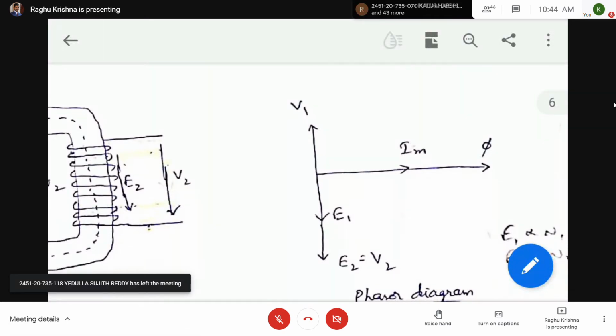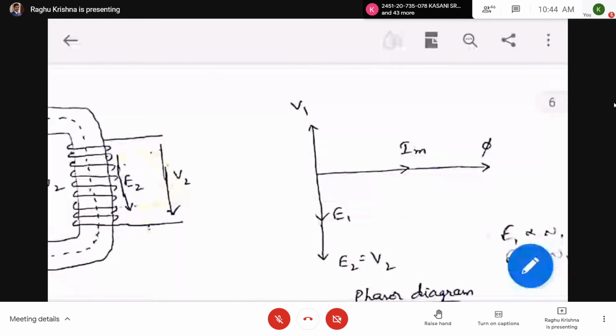You know that current lags the voltage in an inductor. Here V1 is the applied voltage, and Im is the magnetizing current. You can see here the angle is 90 degrees.